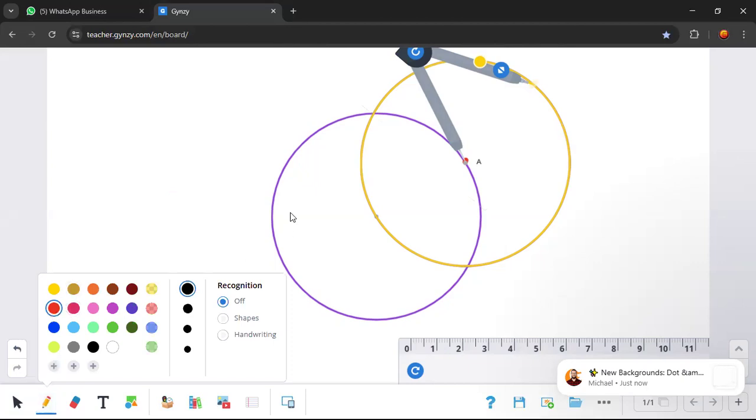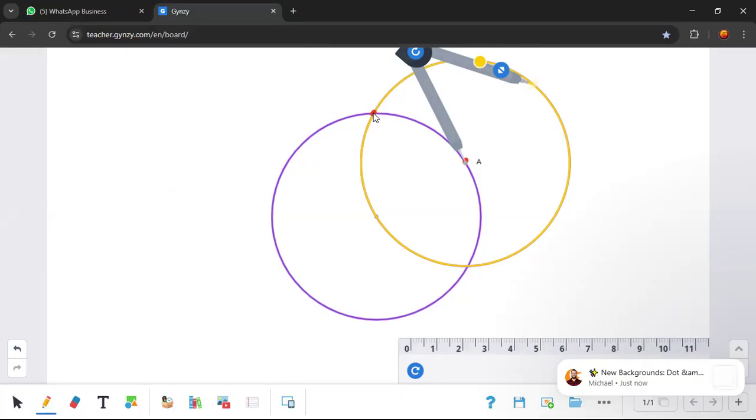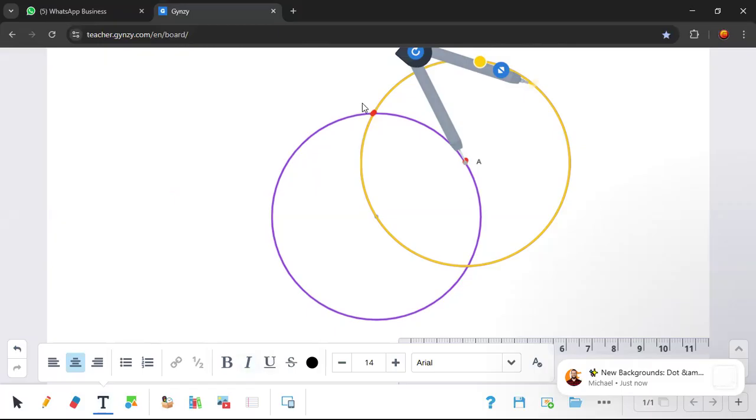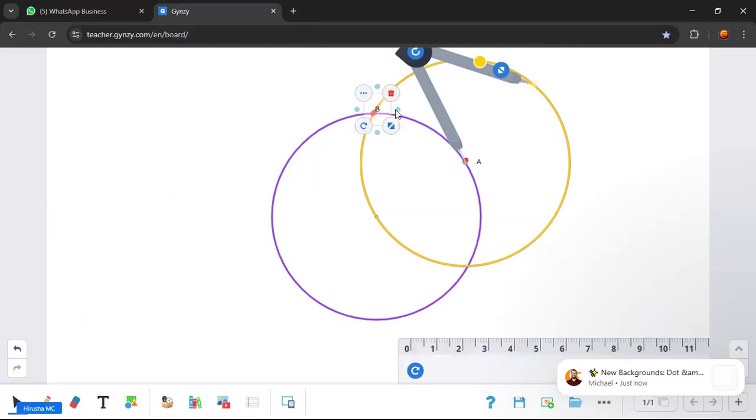I will use red. You can mark this point or this point as B. One of these places can be marked as B. So I will mark this point as B, because the intersection of the two circles should be marked as B.